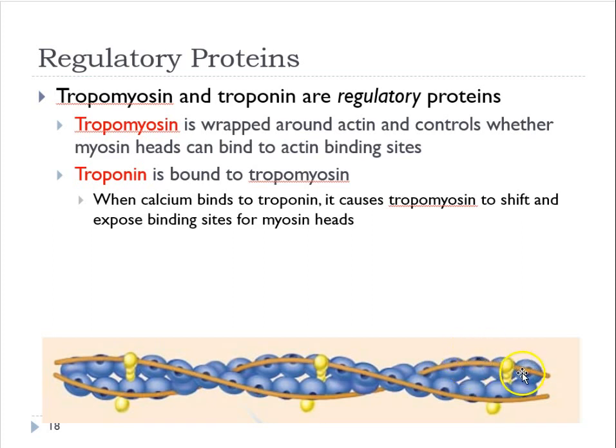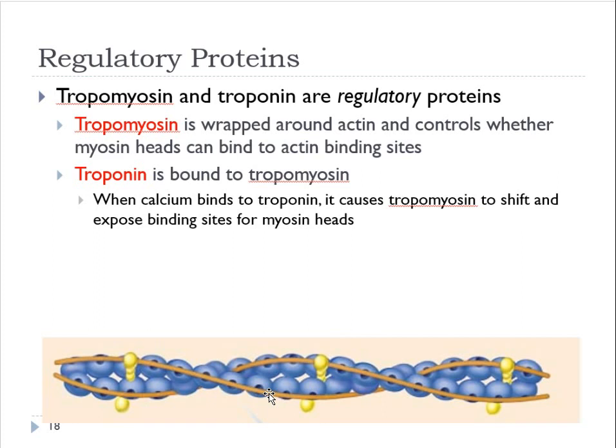We've got to move this out of the way to expose all these little holes, so that the globular heads of the thick myofilaments can crawl in them and either condense the muscle or contract the muscle. So remember the cordy thing is called the tropomyosin. It wraps around the actin and controls whether the myosin head can bind.